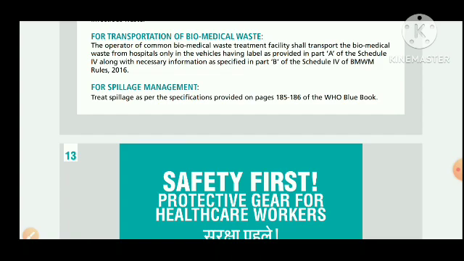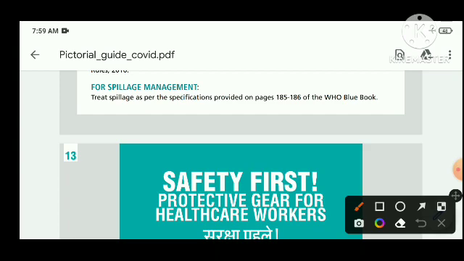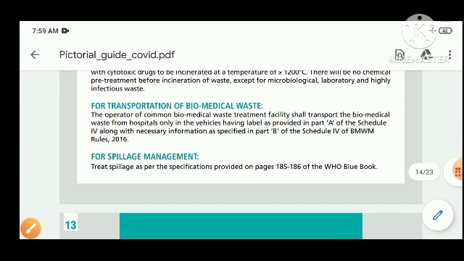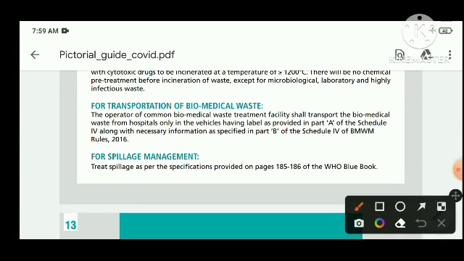So Part A of Schedule 4. And we have to mention the necessary information as per Part B of Schedule 4. So these two are the most important things. So first one is Part A of Schedule 4 and second one is Part B.